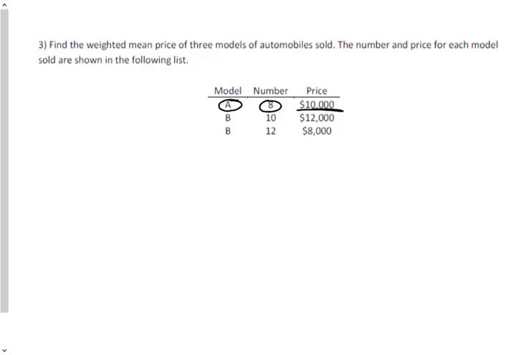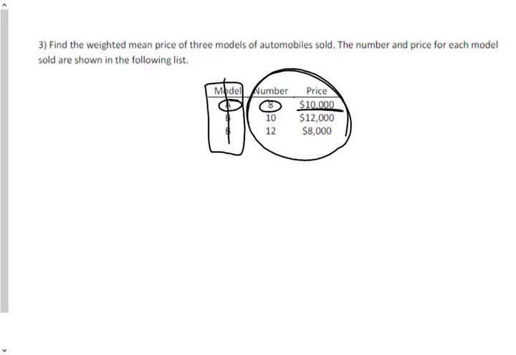And all I want is the weighted mean of the price. So I don't really care about this column at all. I just want the weighted mean of all cars that are sold, and that's just going to be the last 2 columns. This column is just telling you what type of car each one is.